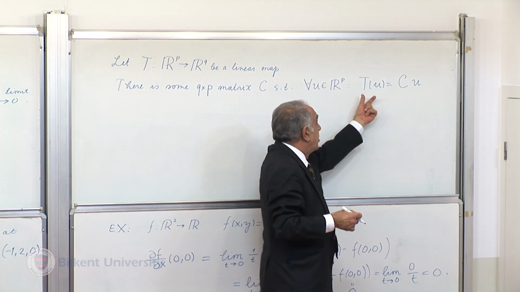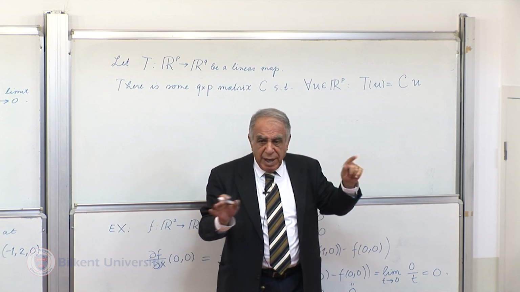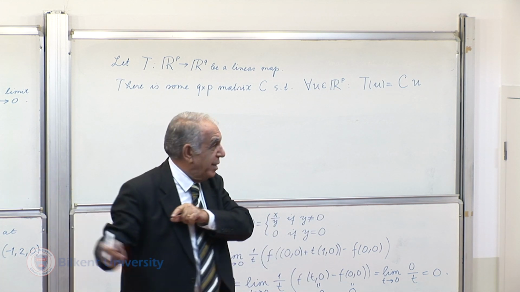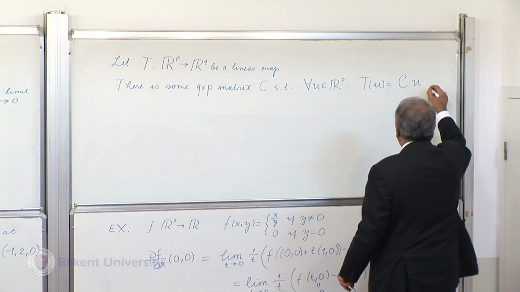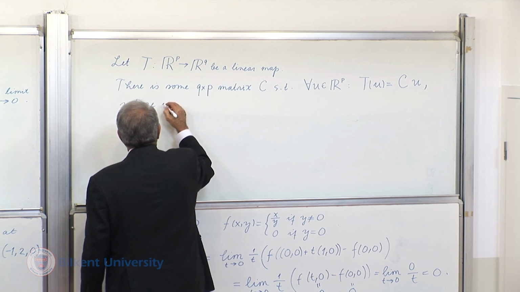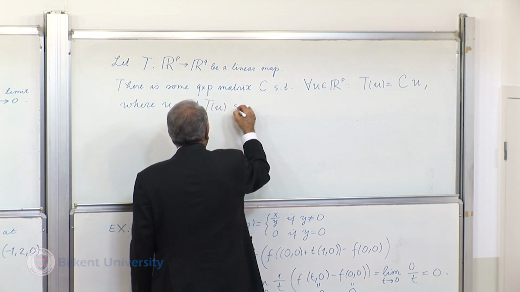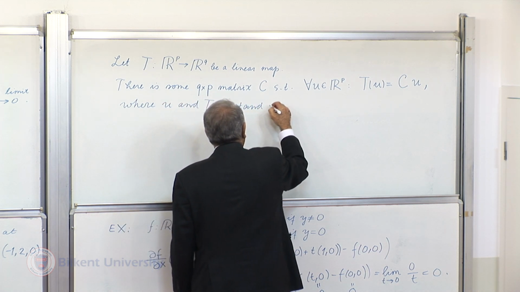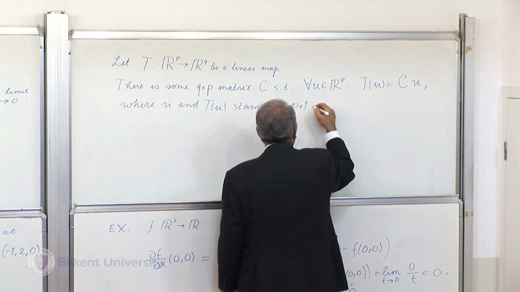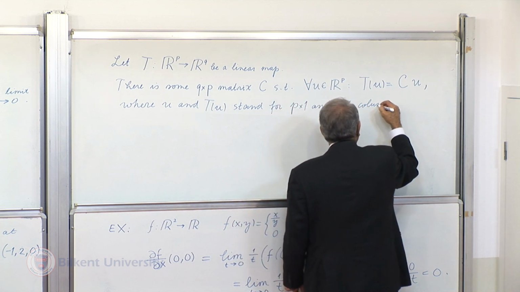Then you obtain this as a q by 1 column matrix. But we will make no distinction between column matrices, row matrices, and vectors. But let me write that u and Tu stand for, the first one is p by 1 and q by 1 column matrices here.